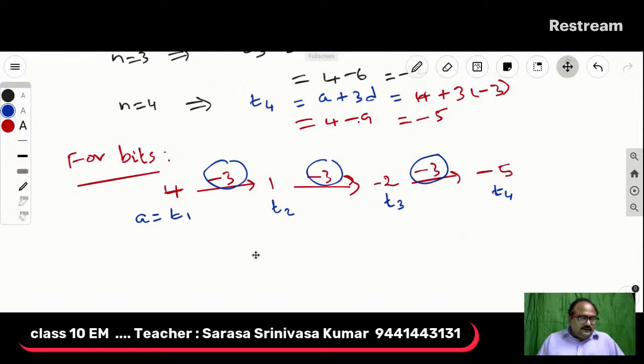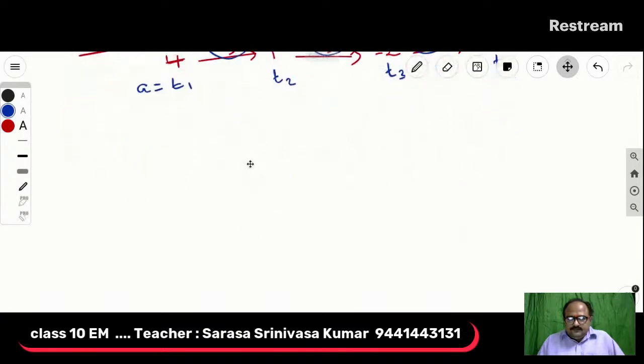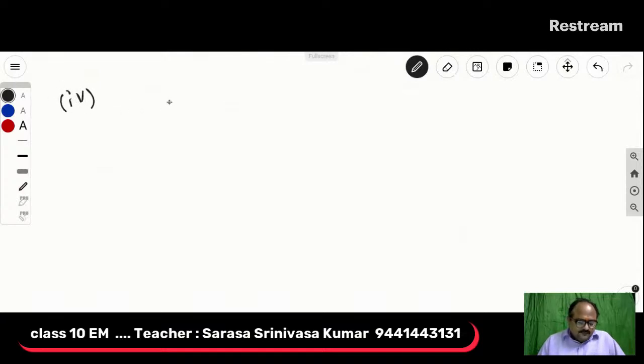And next we consider another problem, the fourth problem. a equal to minus 1, d equal to 1 by 2. That is, the common difference d is given. Now we write the formula. These are in arithmetic progression.